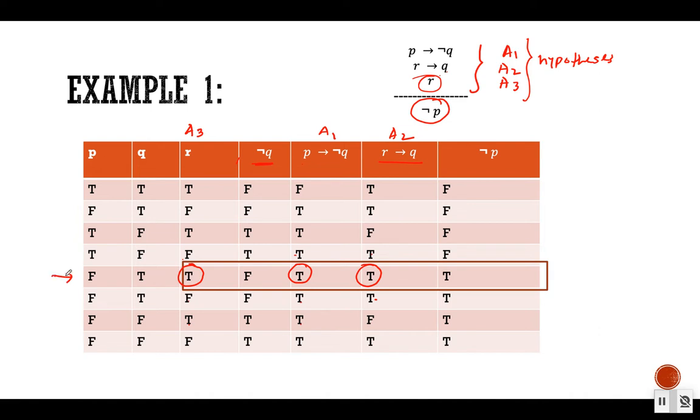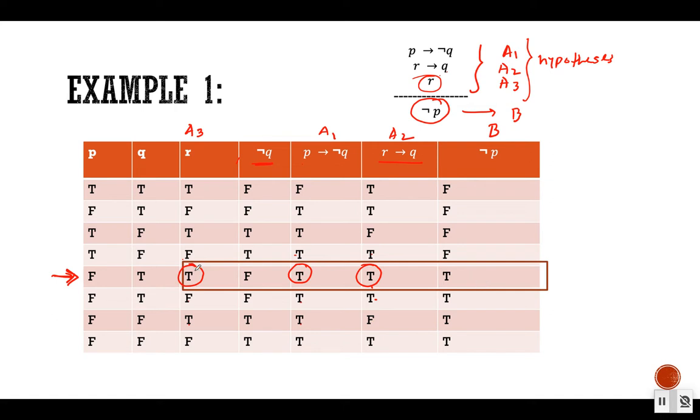So this is the only case where all the hypotheses are true. Now for this row we have to find out whether the conclusion b is true or not.